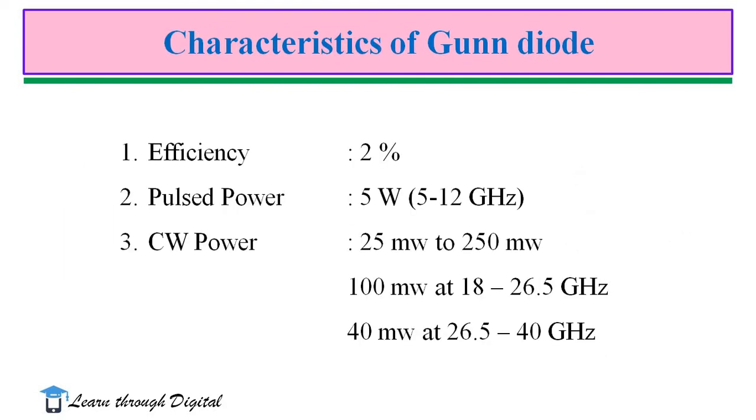Here I have listed a few of the characteristics of Gunn diode. Efficiency is 2%, pulse power is 5 watts for the frequency range of 5 to 12 GHz.